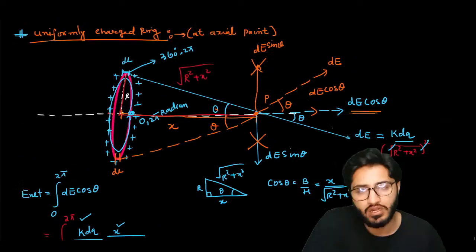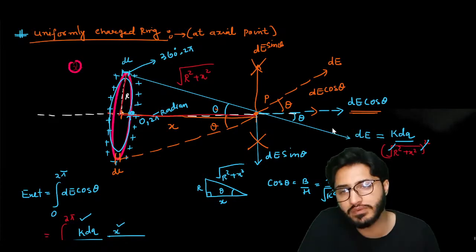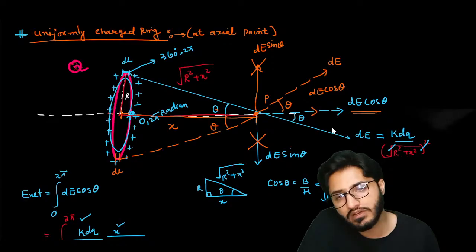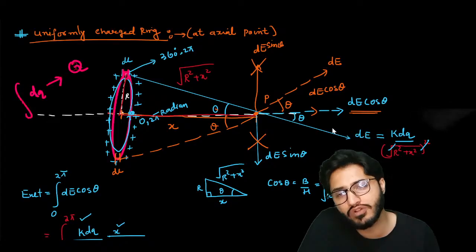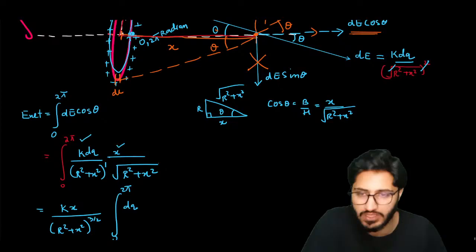Let's suppose the whole charge is Q. If we integrate dq, the integration of dq will give only Q. So how to write now?